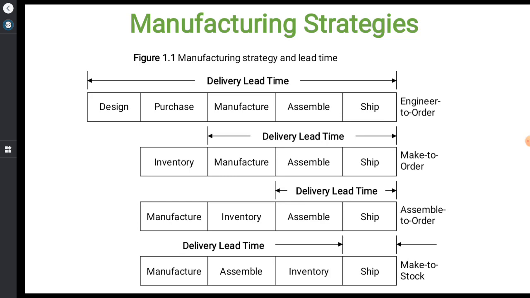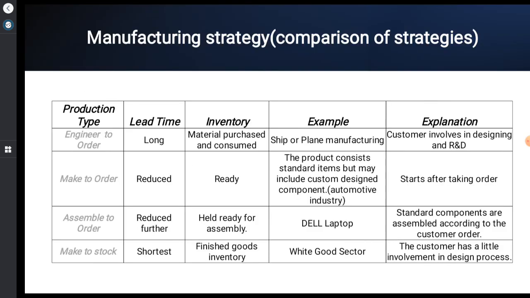Engineer to order has the longest lead time, while make to stock has the shortest lead time, and make to order and assemble to order are in between. There is also another slide here. You can go over this table once you finish studying the four previous strategies to be able to compare between them. It is just a summary for you guys.